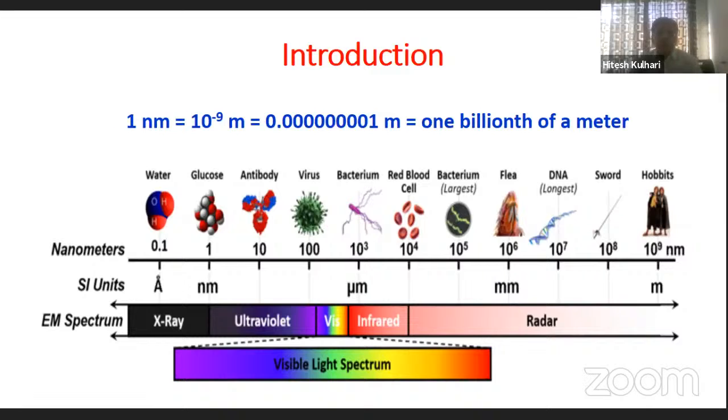The interesting thing is that in our electromagnetic spectrum, the UV, visible, and some infrared lie between the nanometer to micrometer size as well. So light plays a very important role. Size and light are the two important properties associated with materials having nanoscale size.